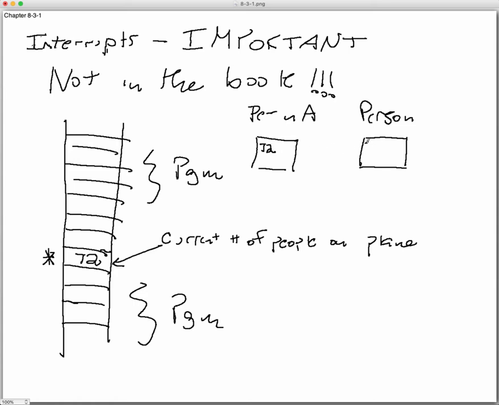And this person over here is looking at it, and it says 72. And what happens is this person A wants 3 tickets. And let us suppose that B wants 4 tickets.